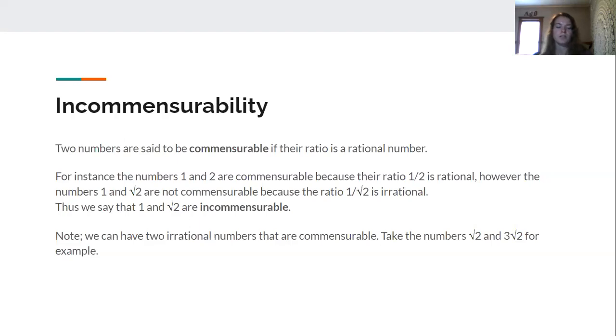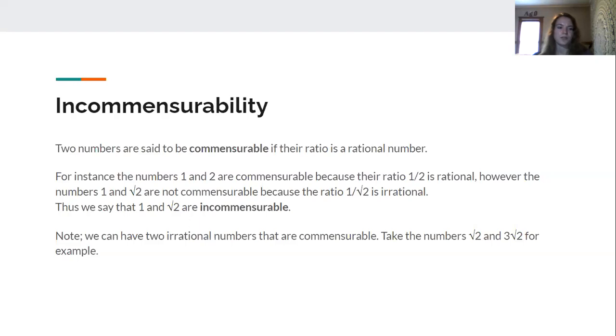However, if we're looking at the numbers 1 and square root of 2, those 2 numbers are not commensurable because if we look at their ratio, 1 over the square root of 2, that number is irrational. So thus we can conclude that 1 and square root of 2 are incommensurable numbers.